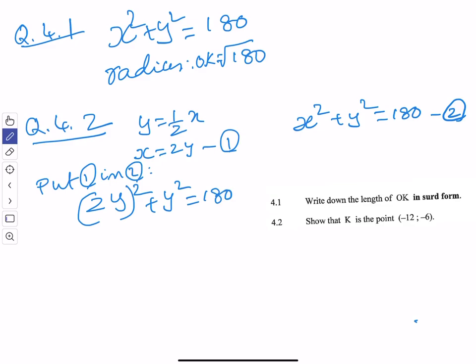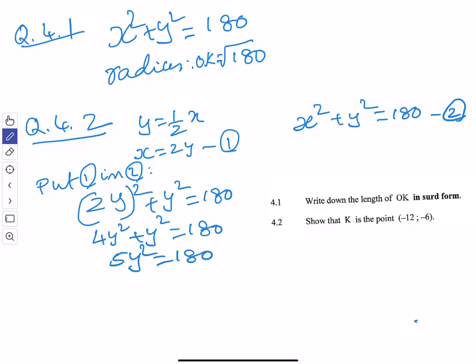I solve for this equation. This is now not 2y squared, it is 4y squared. Square of 2 is 4. Very important point here, it should be 2 squared. Don't make mistakes. Plus y squared is equal to 180. So I get 5y squared is equal to 180.